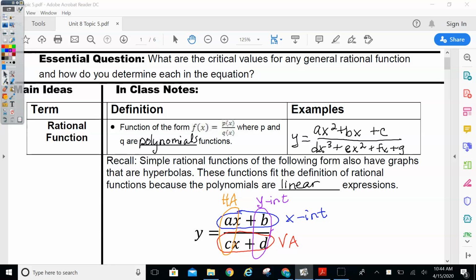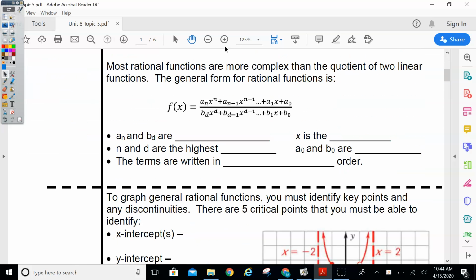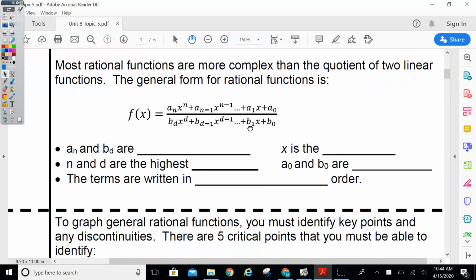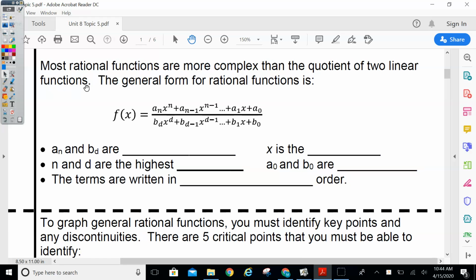Okay, so here, let's just look at a more generalized form. I know there's a lot of letters going on here, but once we put numbers to them, it's not that confusing. Most rational functions are more complex than just the quotient of two linears. So this is a general form generalizing that. Exponent can be anything. These a's are numbers.